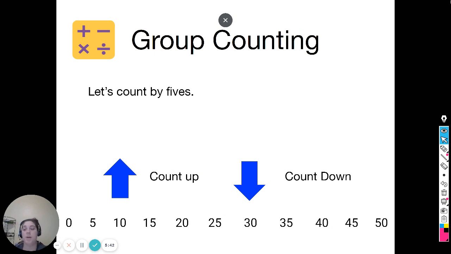Okay, now we have some fluency practice, so we're going to go ahead and do our group counting. This time we're counting by 5, so I'm going to have the pace a little bit faster because I think you guys are probably really good at this. When I point up, you're going to start with 5.